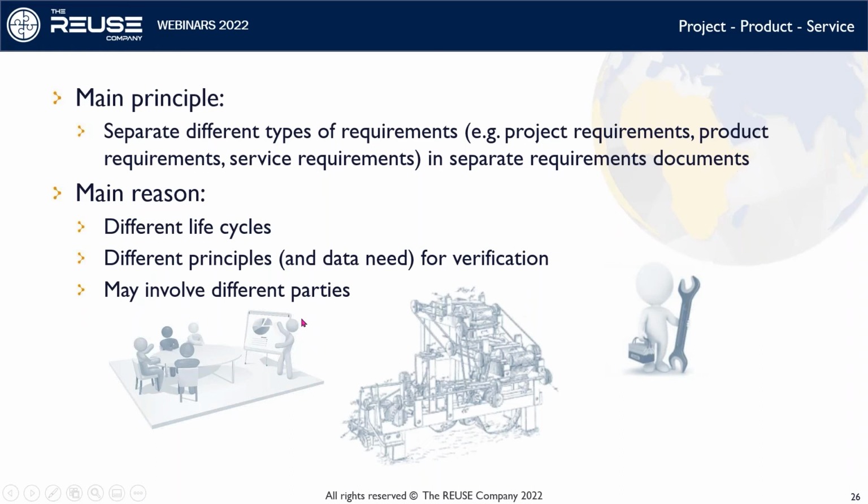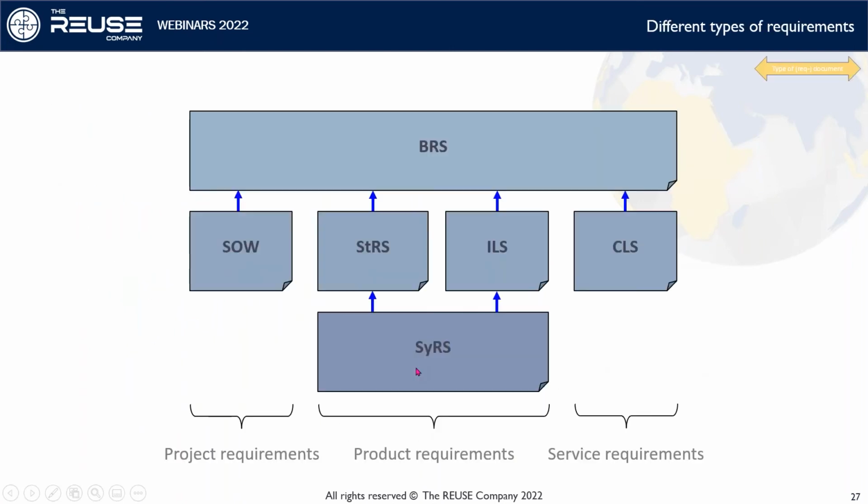Different parties may be involved, so there are different needs. Each party should be focusing on whatever requirements document is most appropriate or valid in their case. So what sort of documents may or may we not have then? Well, we should definitely have product requirements.